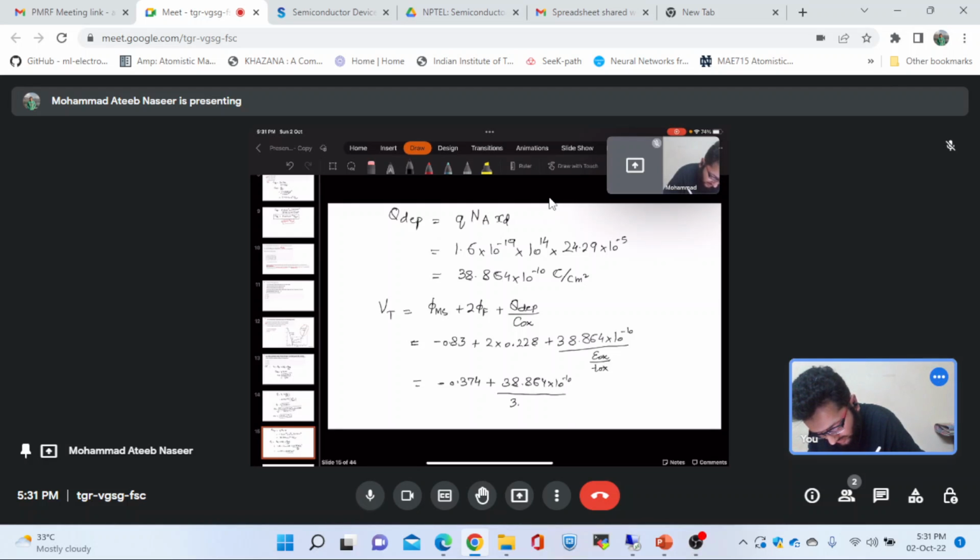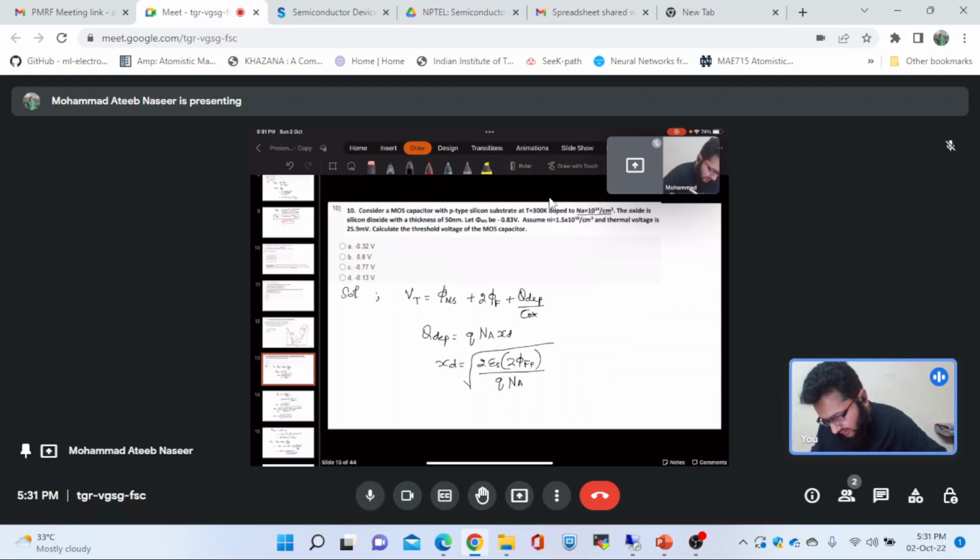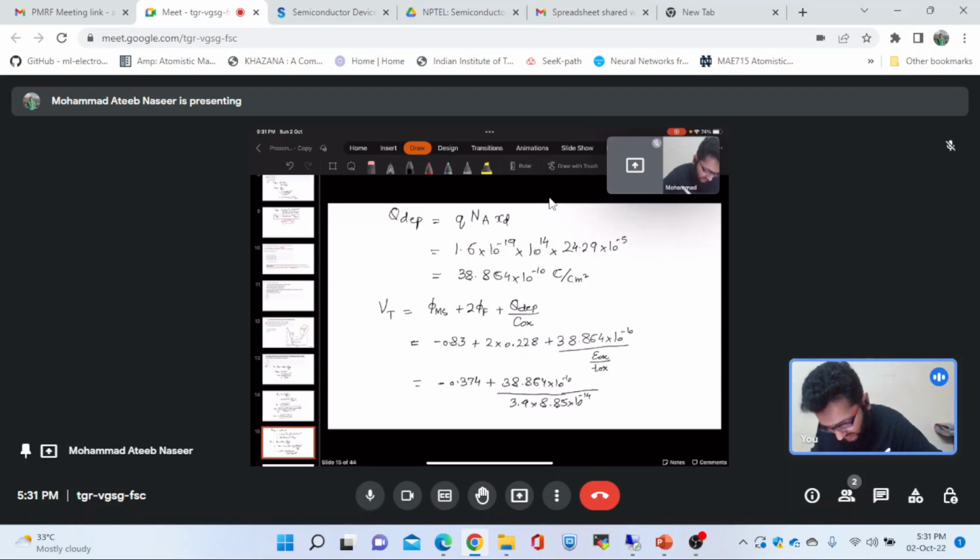Epsilon ox is 3.9 into 8.85 into 10 to the power of minus 14. T ox is 50 nanometer. So 50 nanometer is 10 to the power minus 9 meter, or 10 to the power minus 7 in centimeter. So let us solve this.